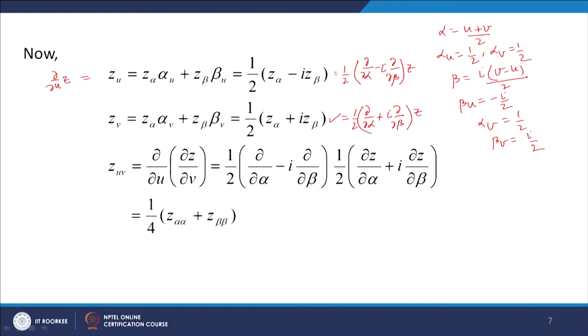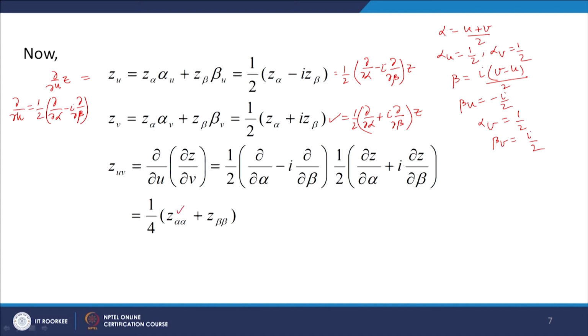So, this differential operator delta over delta u is equal to half of this. So, 1 by 2 delta over delta alpha minus i delta over delta beta into half delta z over delta alpha plus i delta z over delta beta. Now, when you apply delta over delta alpha to this, 1 by 2 into 1 by 2 is 1 by 4. So, delta over delta alpha applied to delta z over delta alpha gives you z alpha alpha.